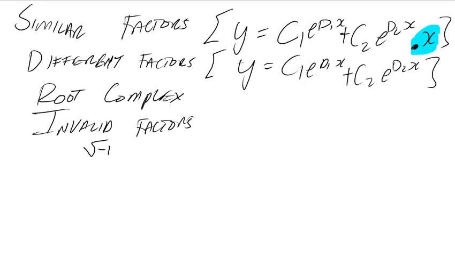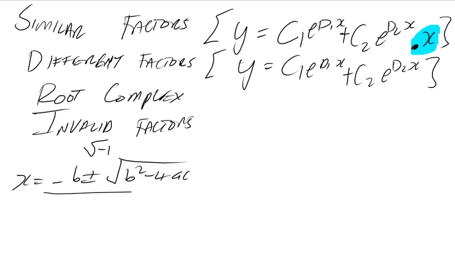Remember, let me take you back. x is equals to minus b plus or minus the root of b squared minus 4ac, all over 2a. That's why they call it root complex, a square root.